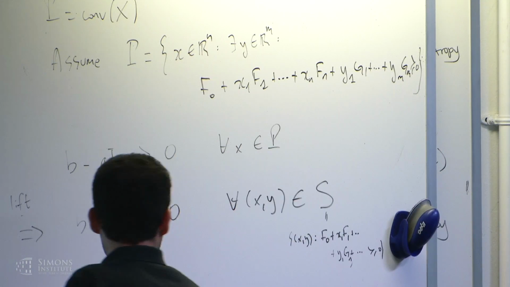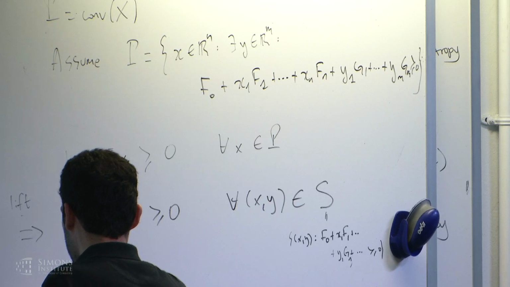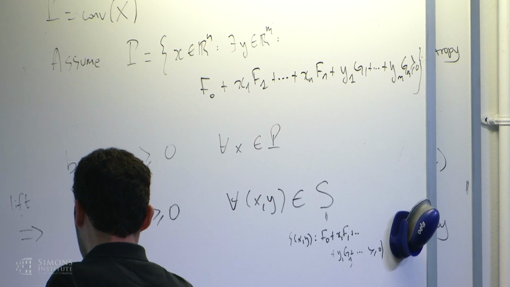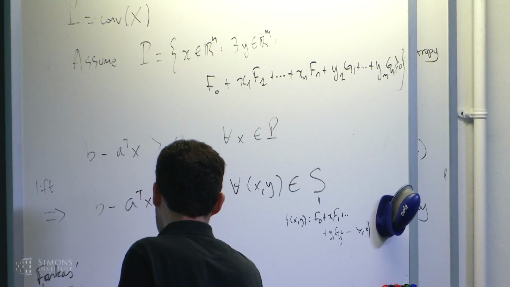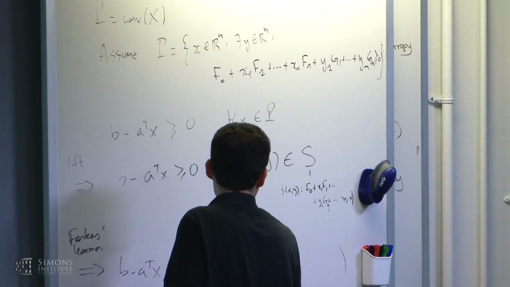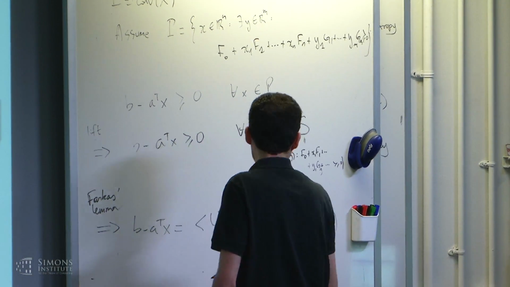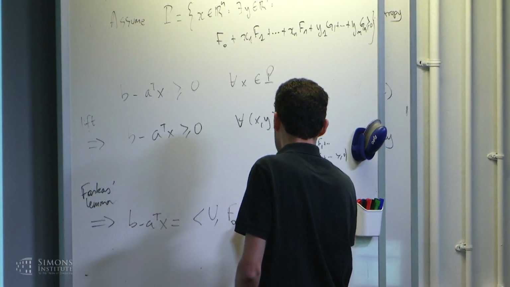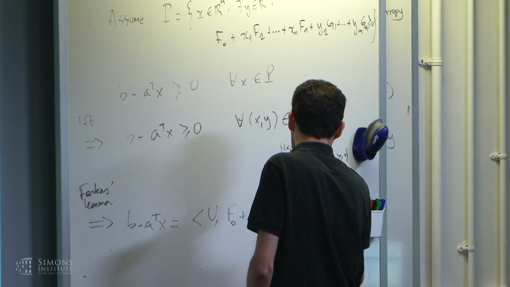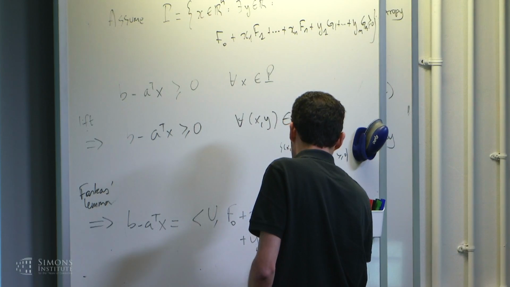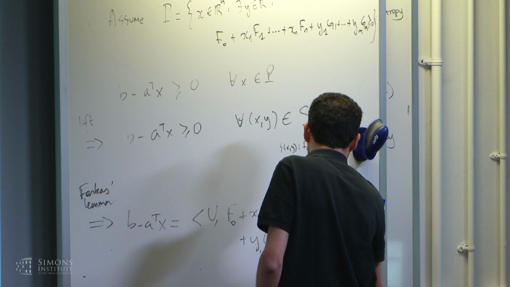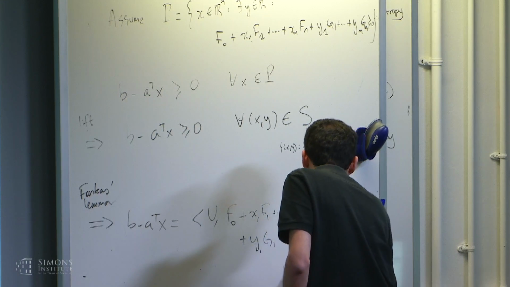So then this implies, this is Farkas lemma, that B minus A transpose X has to be of the form, say, U, comma, F0 plus X1 F1, etc., plus Y1 J1, M. And this is true for any xy.